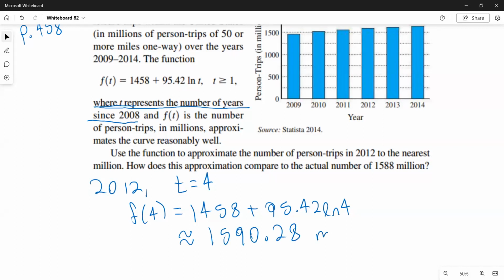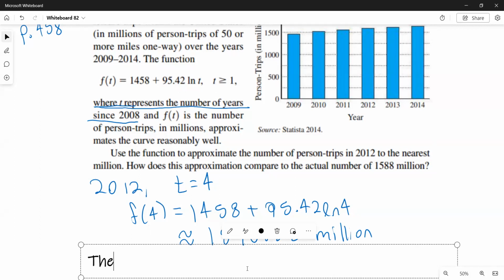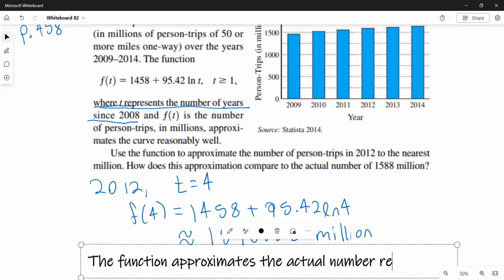And that was million. Okay, so the function approximates the actual number reasonably well.